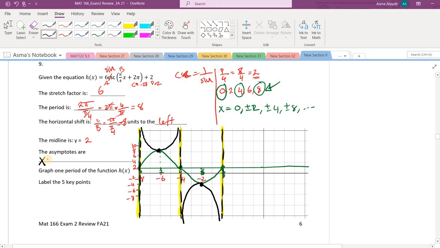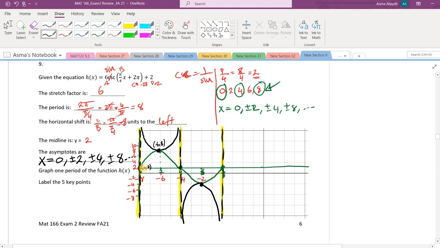So to answer the asymptotes, we said this is 0, negative and positive 2, negative and positive 4, negative and positive 8, and etc. All of these numbers. To label the important points, this is the point 0 and 2. This is the point, you can see here, negative 6 and 8. This is the point, that's not negative 0 and 2.